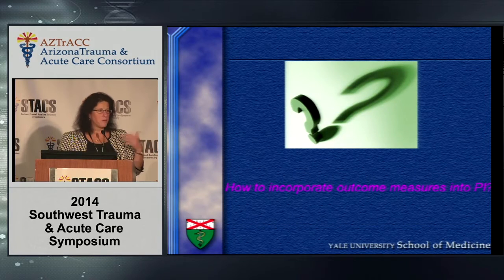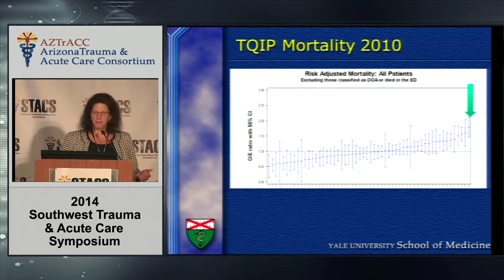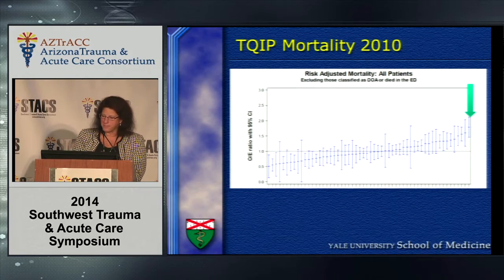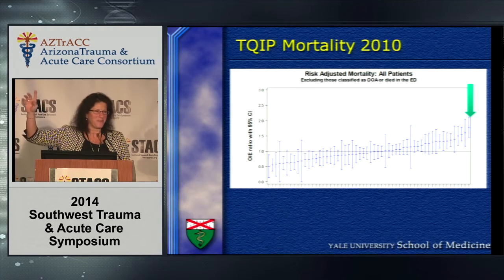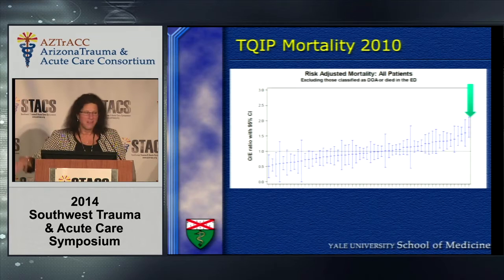So how do we at Yale New Haven Hospital incorporate process measures into our PI? Well, in 2010, we got our TQIP report, and this was basically patients who died, risk-adjusted mortality. And that arrow, boys and girls, which is all the way over on the right, which is really not where you want to be, trust me, I know, was us.